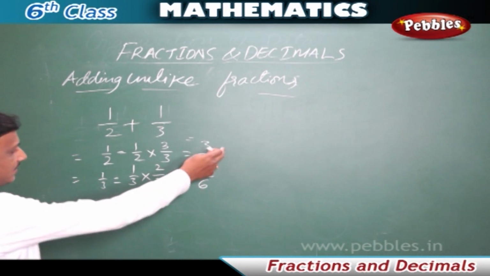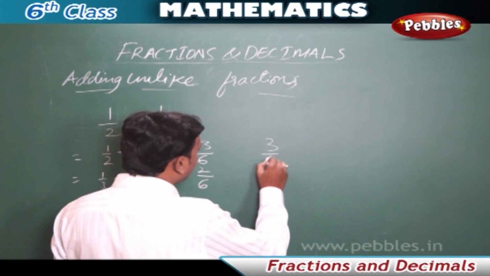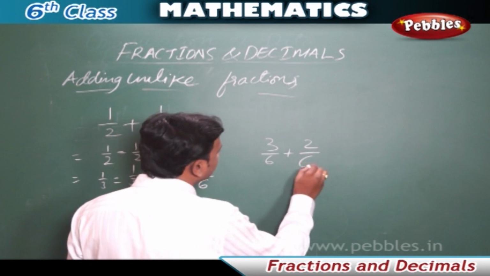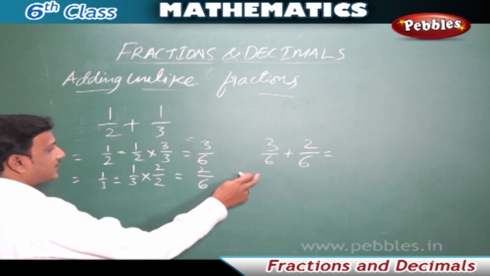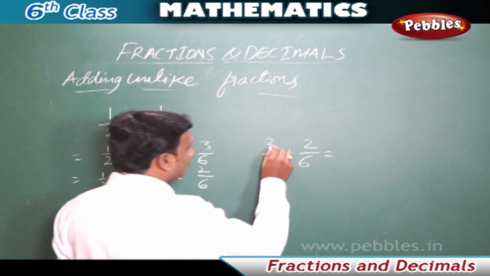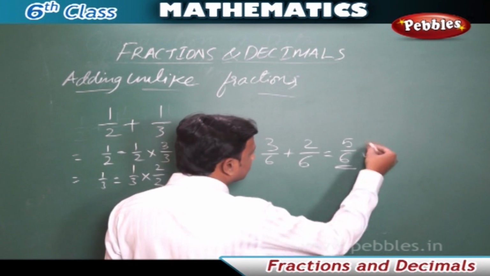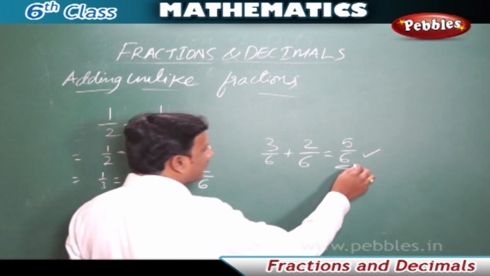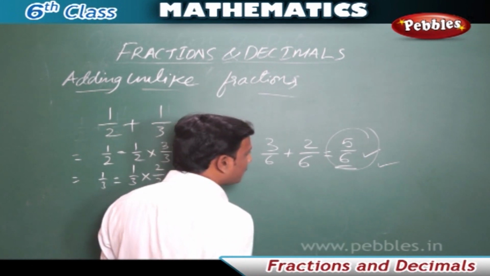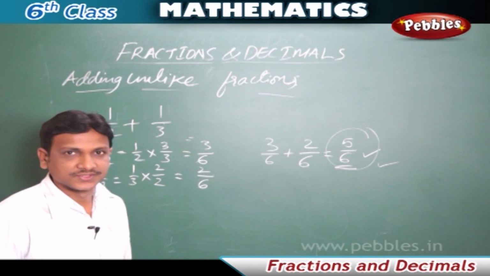So now we got 3/6 plus 2/6. So both these fractions, 1/2 and 1/3, are converted to like fractions now. So 3 plus 2 is 5/6. So the addition of 1/2 and 1/3 is 5/6. So in this way we can carry out the addition of unlike fractions.